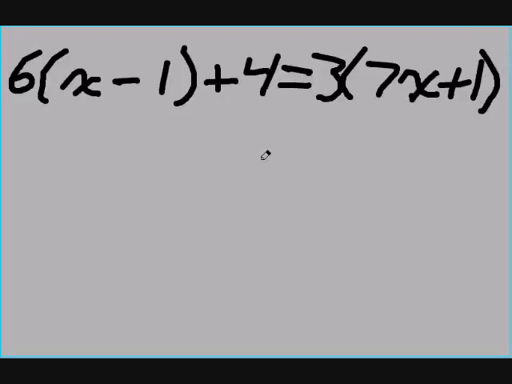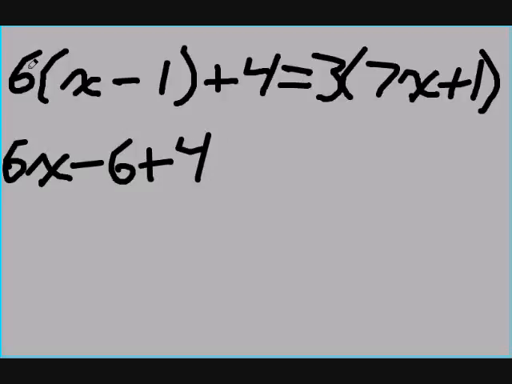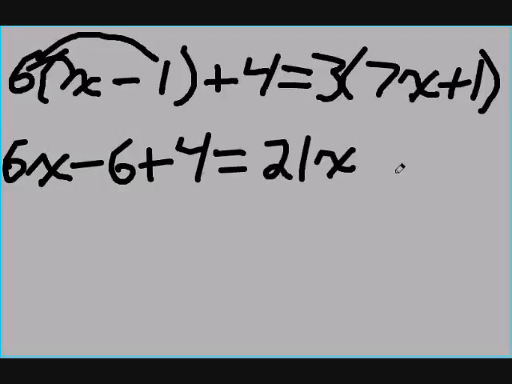Remember our order of operations. Try to solve this. First thing we want to do is multiply through the parentheses everywhere. We distribute the 6, so on the left hand side we get 6x minus 6 plus 4. 6 times x is 6x, minus 6 times 1 is minus 6, and plus 4 equals. On the right hand side we distribute the 3: 3 times 7x is 21x, and then 3 times 1 is 3.